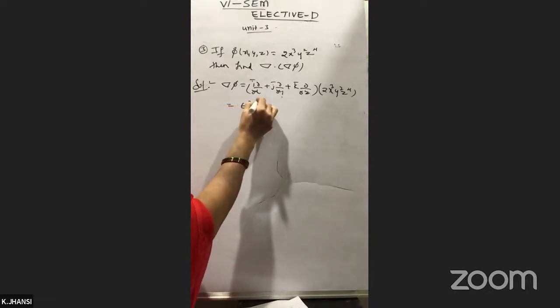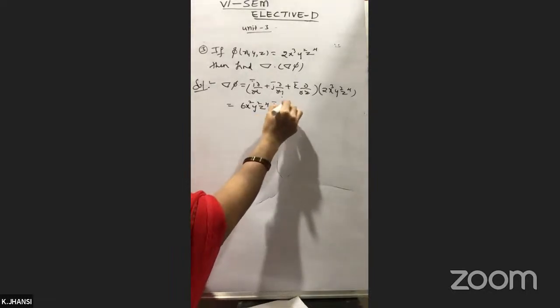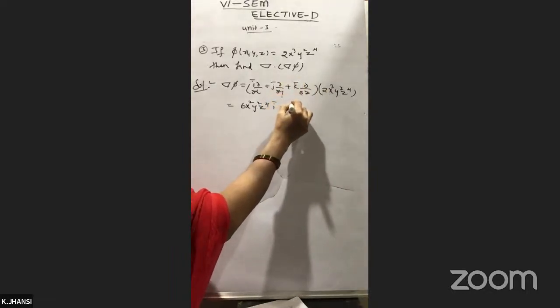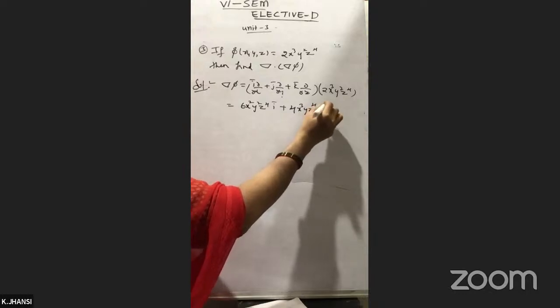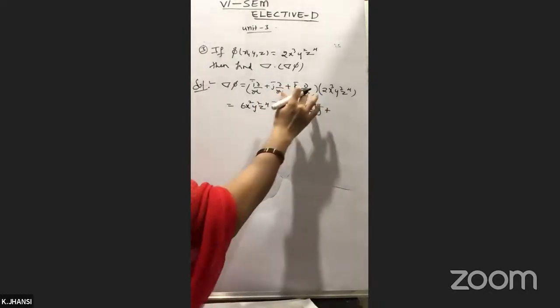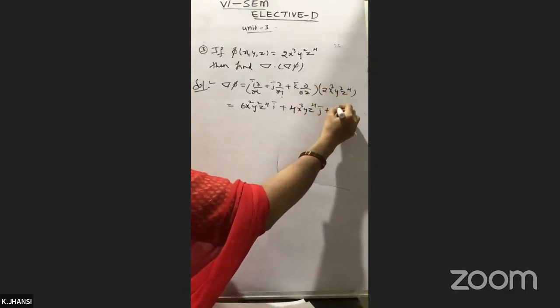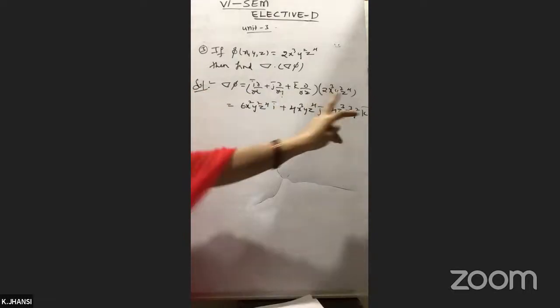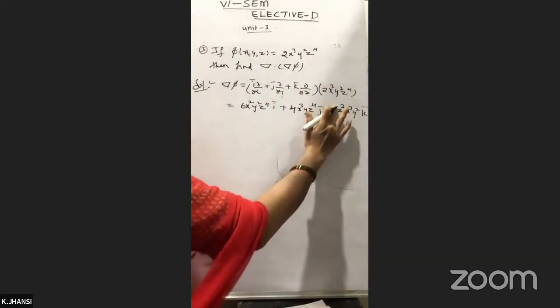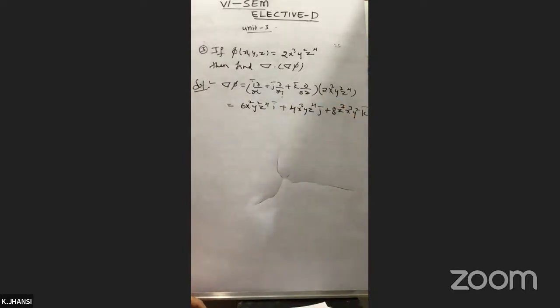So 2 times 3 is 6x square y square z to the power of 4 i, plus with respect to y, 2 becomes 4x cube y z to the power of 4 j, plus with respect to z, z to the power of 4 becomes 4z cube, 4 times 2 is 8, so 8z cube x cube y square k. Okay, this is the del phi value.